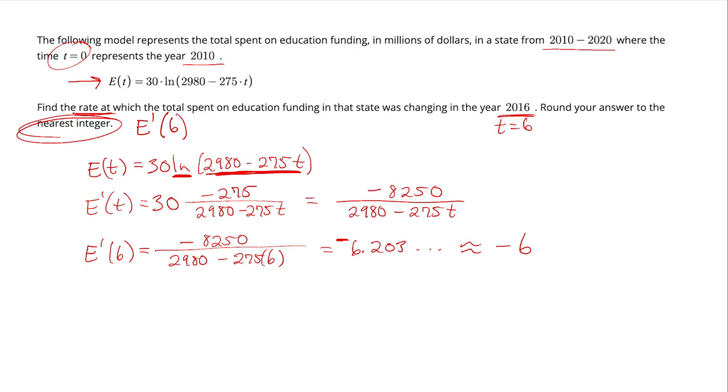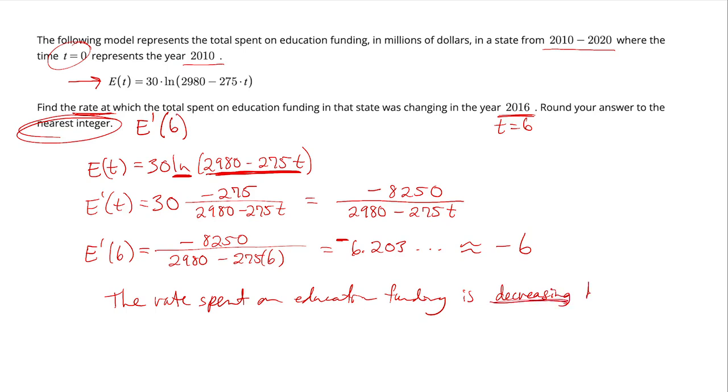Okay, so now let's put this in the context of the problem. So the rate spent on education funding, and yes, I know my handwriting is the worst, is, in this case, decreasing because our answer is a negative value.